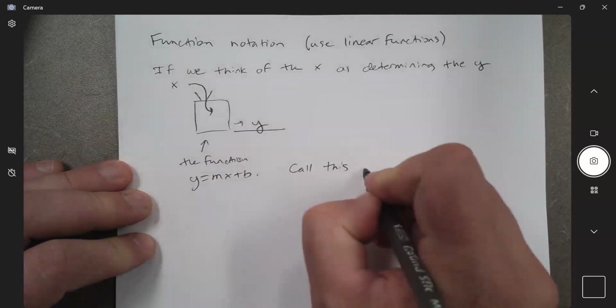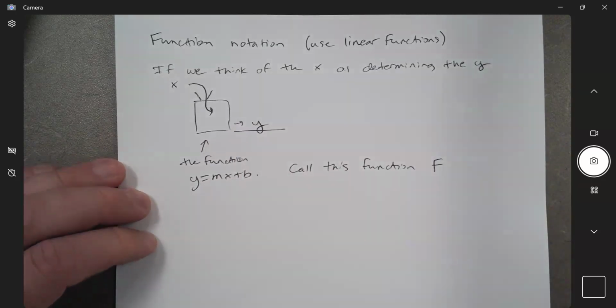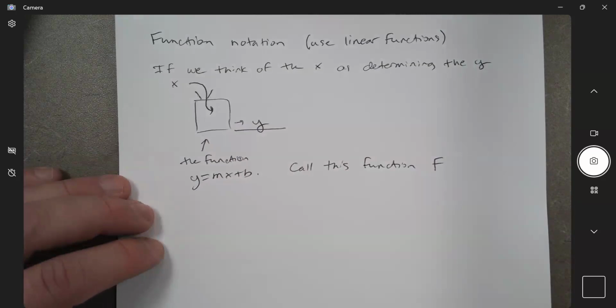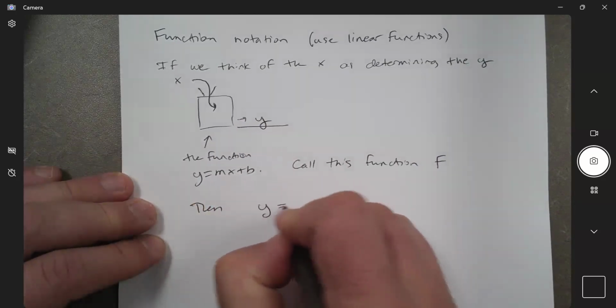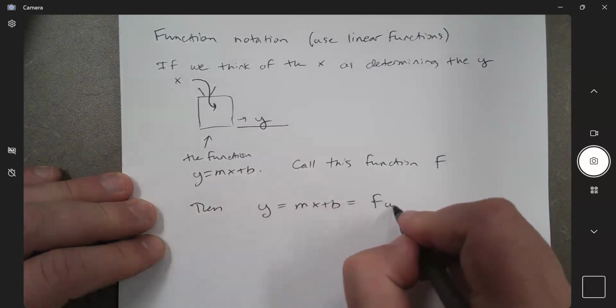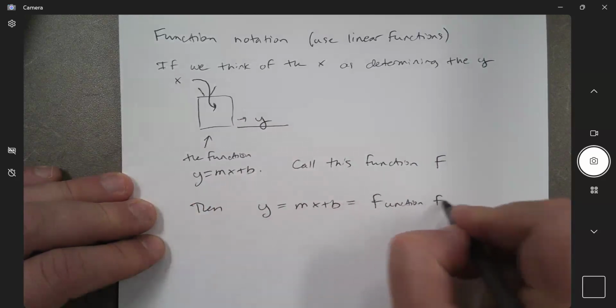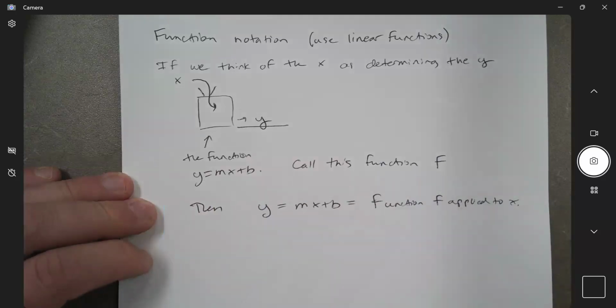Call this function f, for function. Then y, which is mx plus b, is also the function f applied to x.